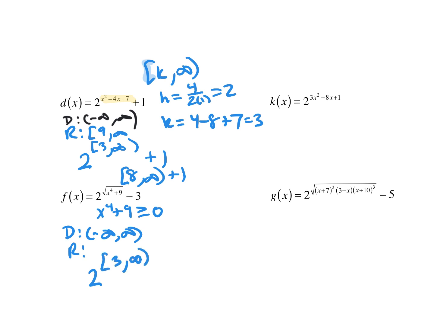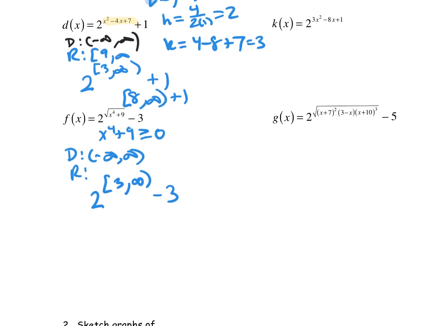And then that minus 3 is not up there, it's minus 3 down here. So let's do this. 2 to the third is 8. 2 to the infinity is infinity. And then I'm going to subtract 3 from each piece, so I'll get 5 to infinity. My range would be 5 to infinity here.